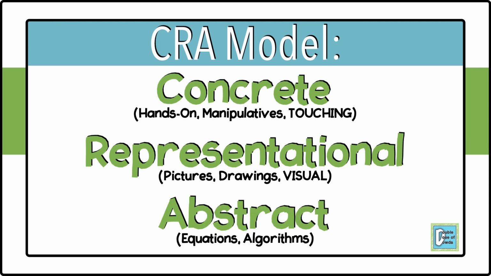Lastly is the abstract model. For abstract, that means they are strictly working with equations or algorithms. They do not have a hands-on component or even a visual component to this.